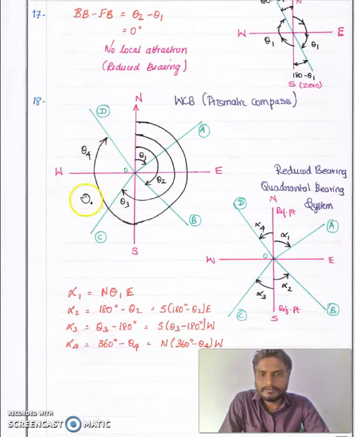Similarly, alpha 4 is with respect to north towards the western direction. To get alpha 4, 360 degree minus theta 4 gives alpha 4.